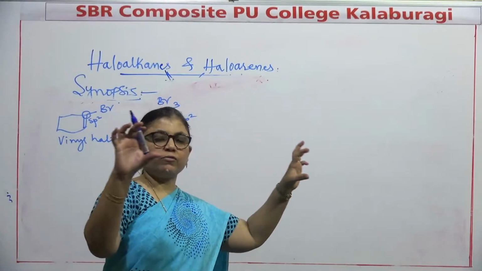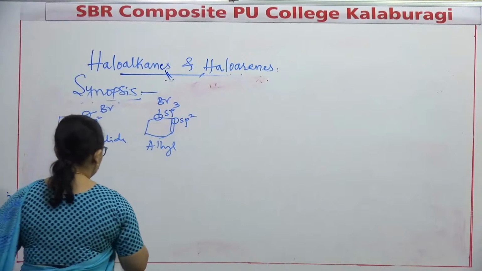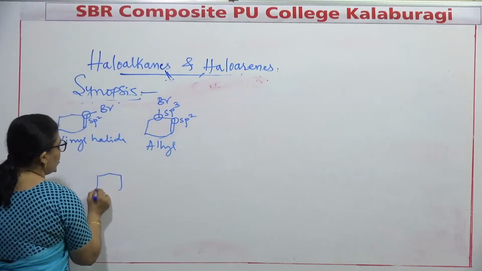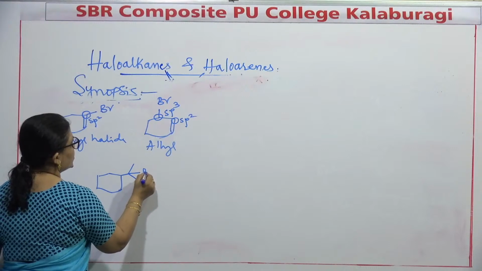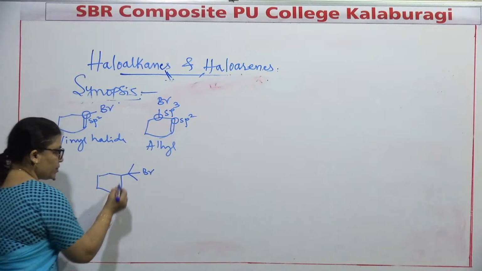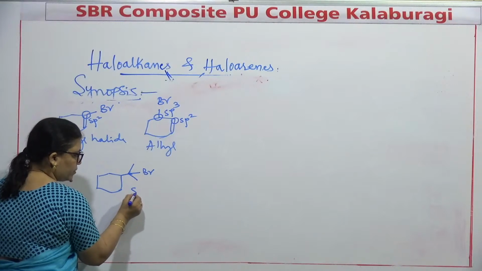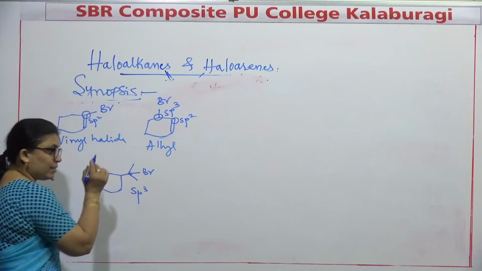Don't think that we should always take only a long chain. For example, if somebody asks you what is the nature of this halide, remember one thing, this is the carbon which is sp3 hybridized, and this carbon is linked with 3 other carbons.